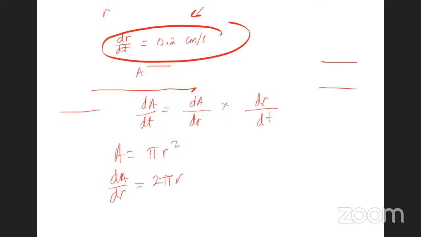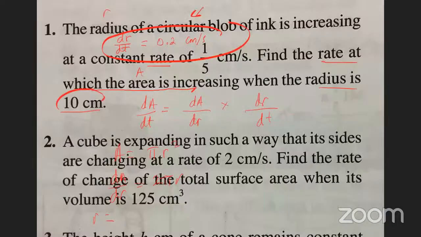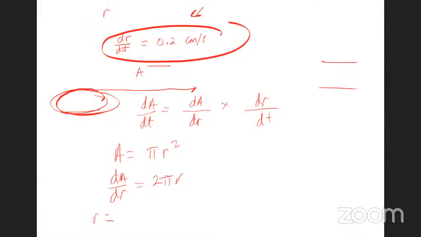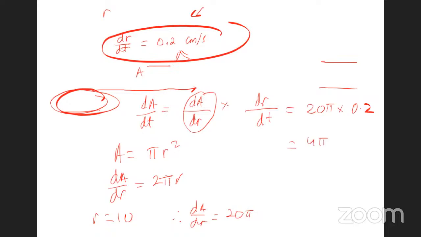But we need a value. r is how much? They would like when r is 10. They give it right here. So when r is 10, we will get dA/dr to be 2 times 10 pi, which is 20 pi. Are we done? dA/dr is 20 pi, dr/dt is 0.2. 0.2 times 20 pi is 4 pi.